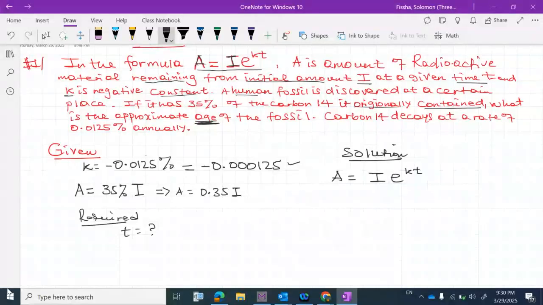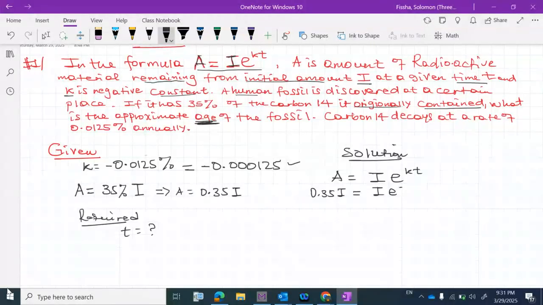But there is a relation between A and I. It's given here: A is 35% of I. So I go ahead and change this A to 35% of I. That is 0.35 of I equals, on the right side, I e to the power of k.